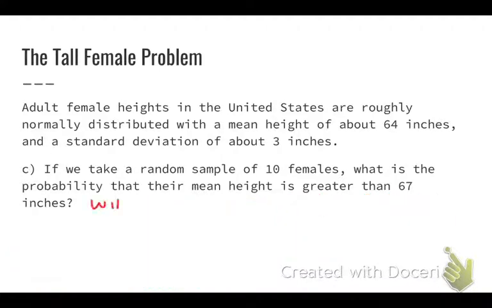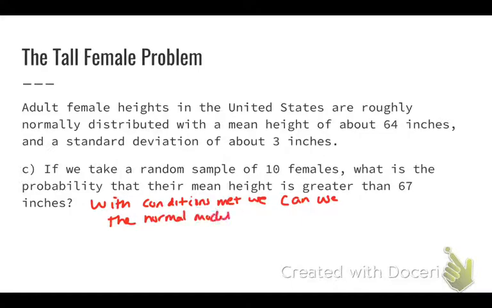So with conditions met, we can use the normal model to represent the sampling distribution of means. This is really bad handwriting, I'm sorry guys.